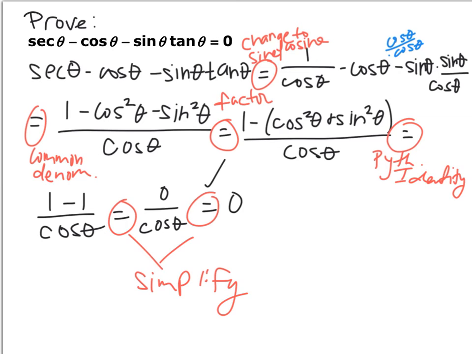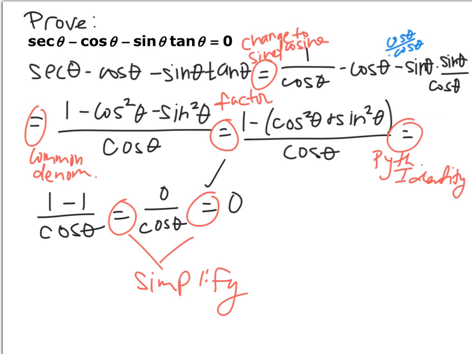So then the next step, I have some denominators here. So I wanted to give cosine a common denominator, so I multiplied it by cosine of theta over cosine of theta. So it became cosine squared over cosine. So I just made a common denominator. So now I have 1 minus cosine squared minus sine squared all over cosine. I factored out this negative here because, again, I have squared trig functions, so I know I want to use the Pythagorean identity.